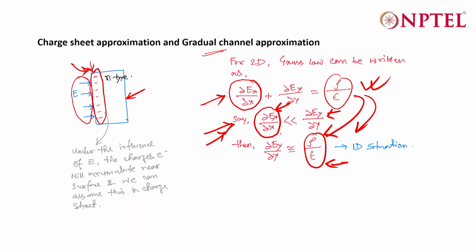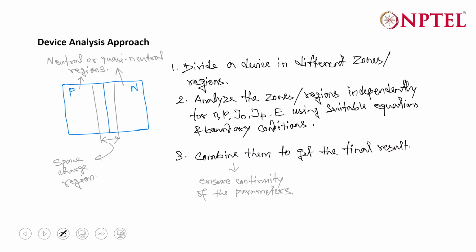So you'll find during device analysis, all these approximations are not applicable in many cases, and hence there is an approach towards analyzing the device. So the approach in device analysis that we generally follow is given here.